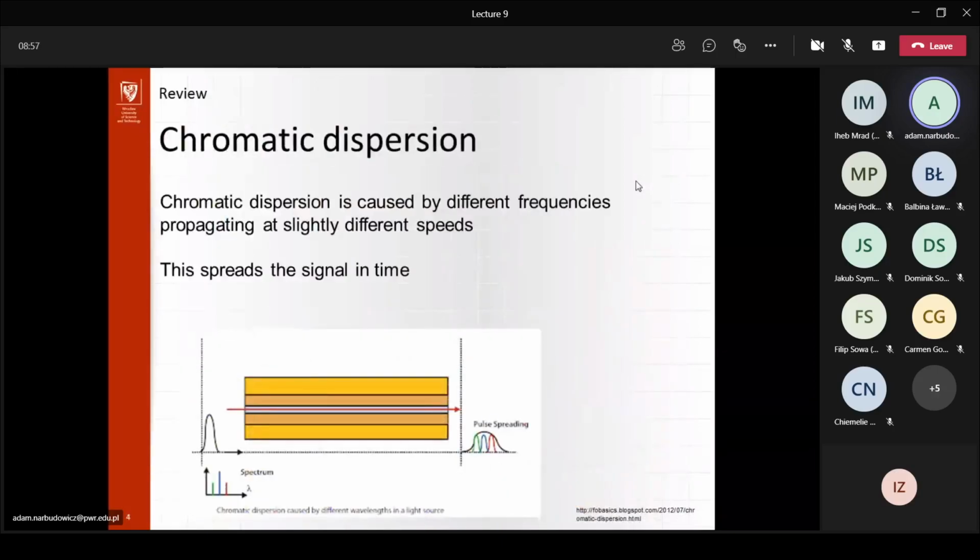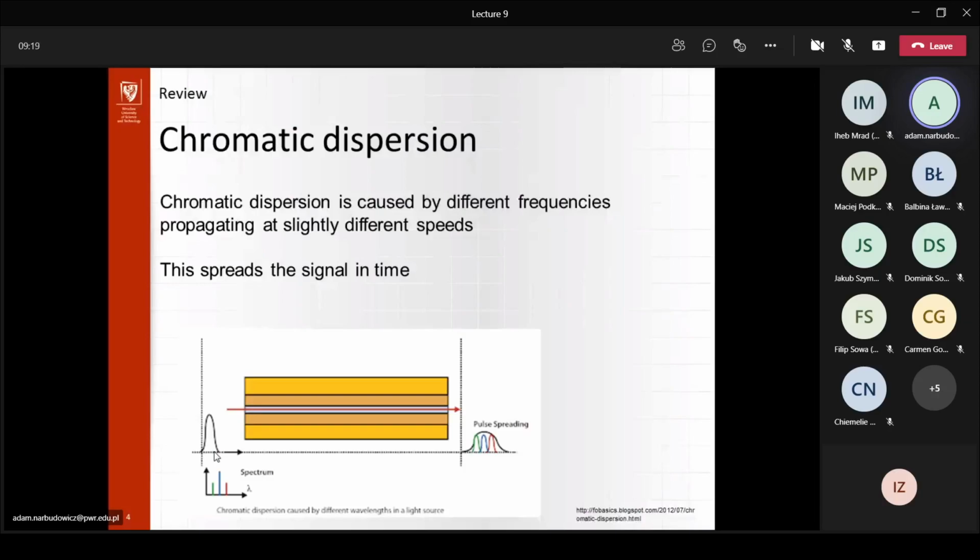Okay, and then we talked about chromatic dispersion. So the idea is that if we have a very short pulse, short in the time domain, as you should know, this typically means that it needs to consist of multiple frequencies, right?